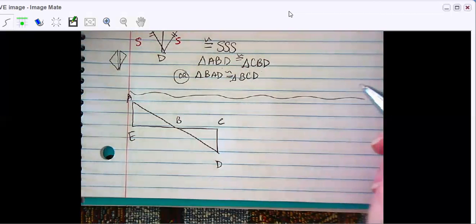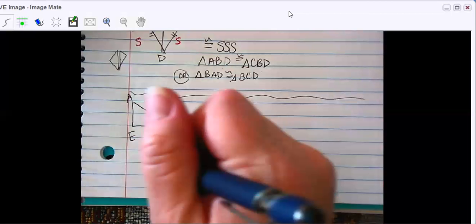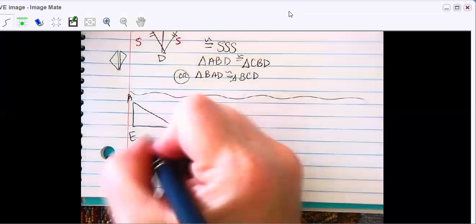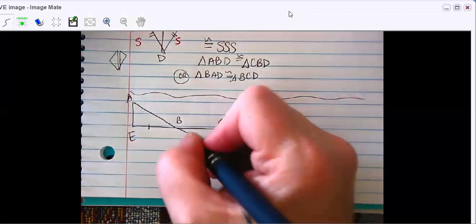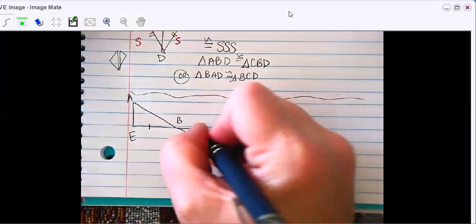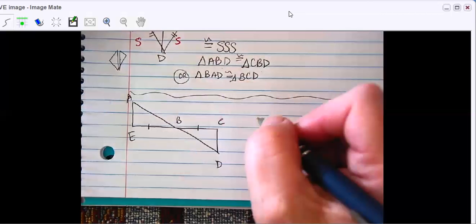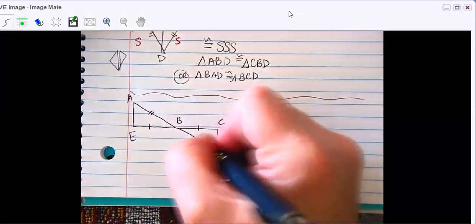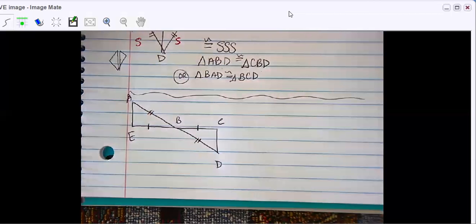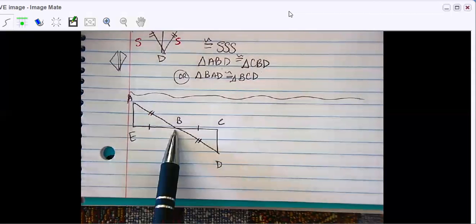Okay, so we have to label what we've been given. We're going to be told that segment EB is congruent to segment BC, and then segment AB is congruent to BD. Notice that for both of these, like EC, B is right in the middle.